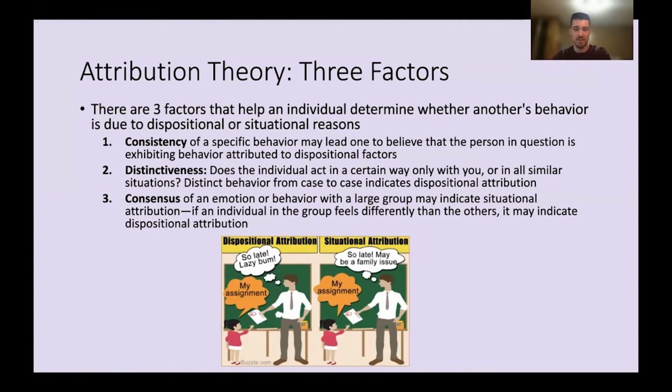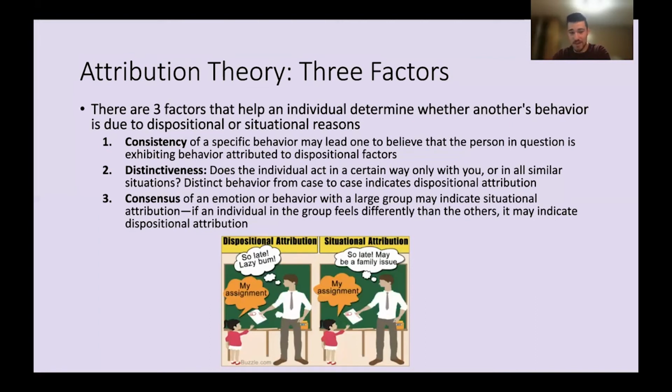And I saw that picture online and I just had to put it on because it's so ridiculous and so funny. It's just the difference between dispositional and situational attribution in the same situation. So we have a teacher, and a girl hands in her assignment late and the teacher thinks, so late, lazy bum.